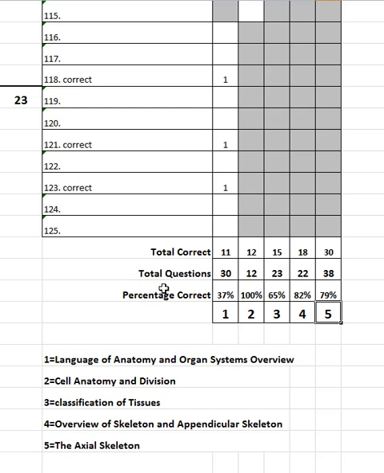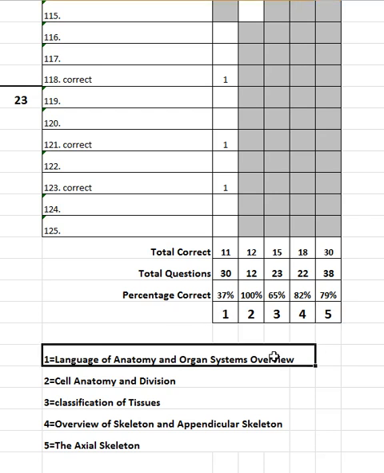Okay, so what this tells me is that my area where I'm weakest is Language of Anatomy and Organ Systems Overview. I only got 37% of my answers correct. So between now and the practical, I would probably spend most of my time here, because if I don't, my lack of knowledge over this content is really going to drag down my grade.